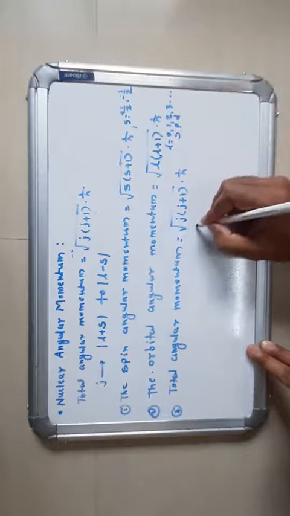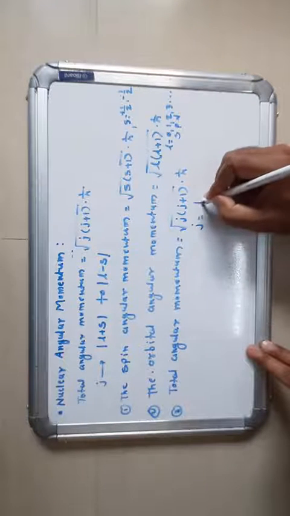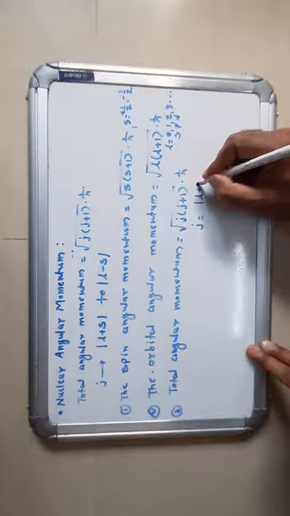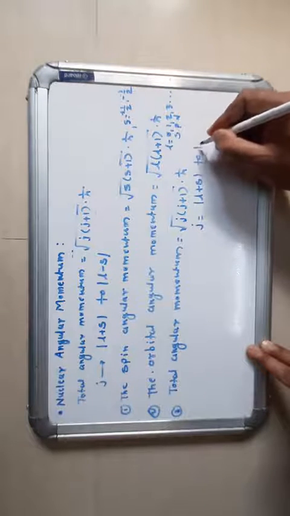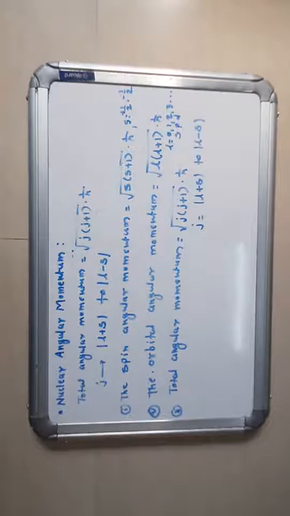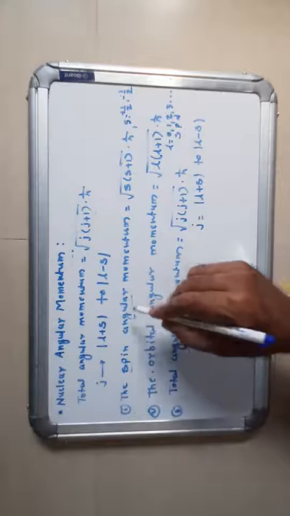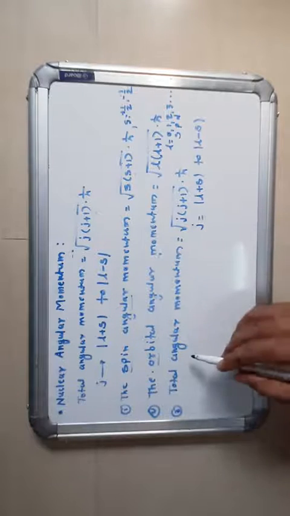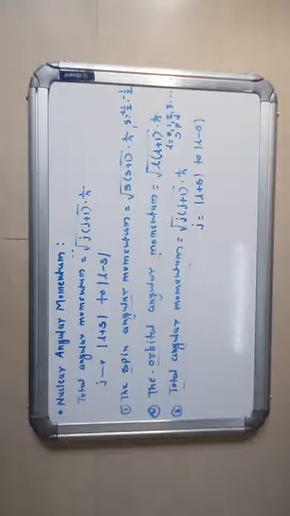And the value of j is the magnitude of l plus s to the magnitude of l minus s. Must remember these three types of angular momentum: the spin angular momentum, the orbital angular momentum, and the total angular momentum.